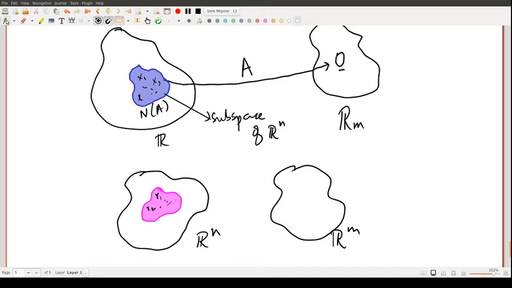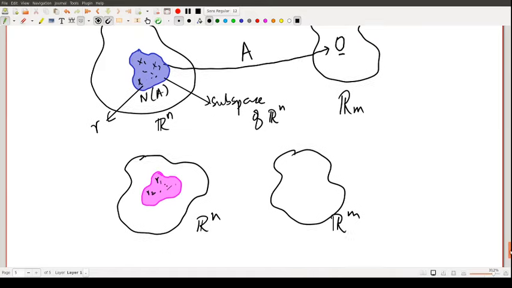If you take the dimension of one, let's call that r, and the dimension of the other, when you add them together, what you get is n. So these pictures are actually not correct.